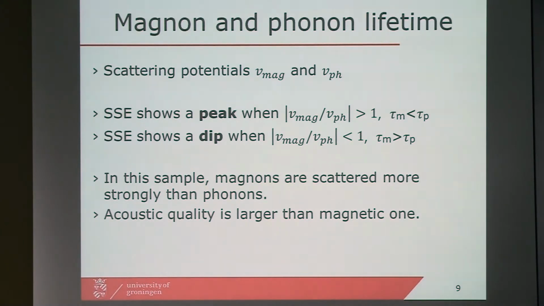So in this sense, you could naively think about it as magnons being dragged along by phonons which live longer, which is why you get an increase in signal. And the opposite is true. So for the opposite case, when magnons undergo less impurity scattering than the phonons, then you would get a dip in the local spin-Seebeck effect. And that was the only parameter which they needed to explain the experiments.